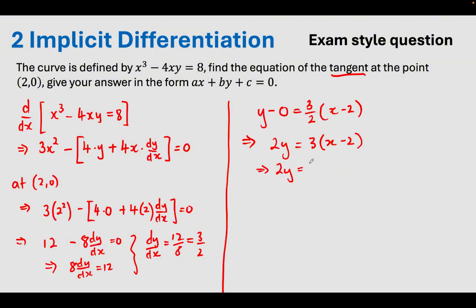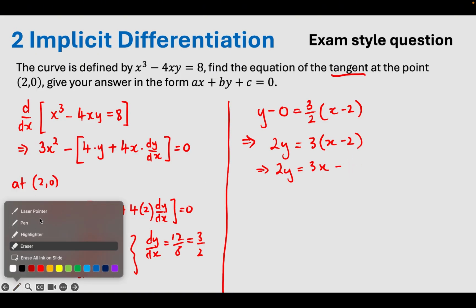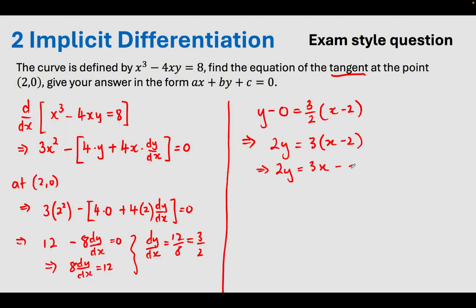So 2y is 3x minus 6. Nearly made a silly mistake there. So 3x minus 6. And therefore, tidying that up, I can get 3x minus 2y minus 6 equals 0. Okay.